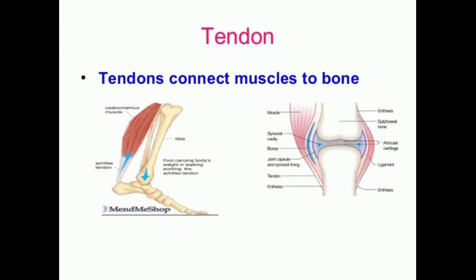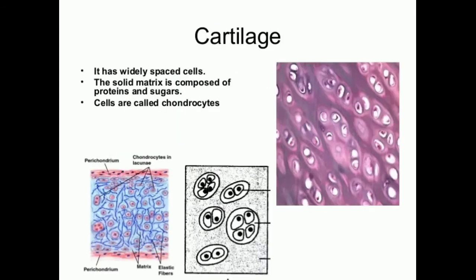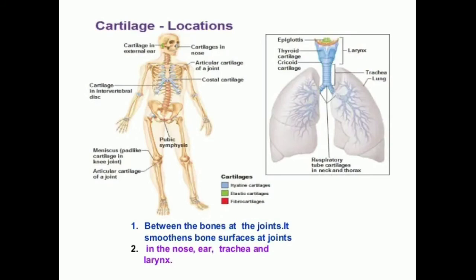Next type of connective tissue is cartilage. Cartilage has widely spaced cells, and the matrix is composed of proteins and sugars. Okay, cartilage smoothens bone surface at joints and is also present in the nose, ear, trachea and larynx.